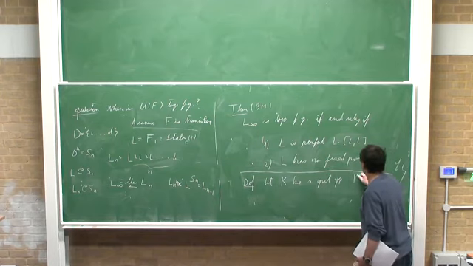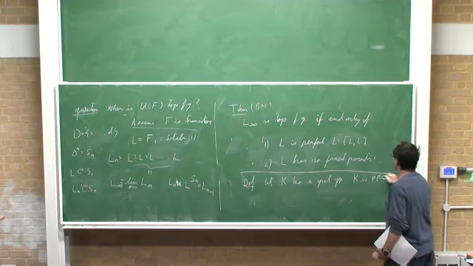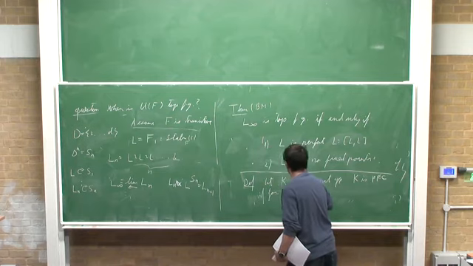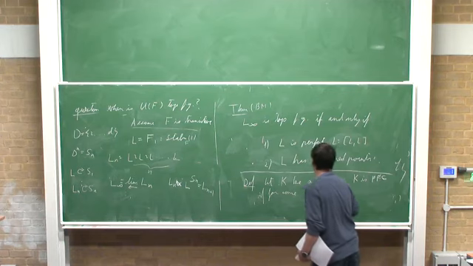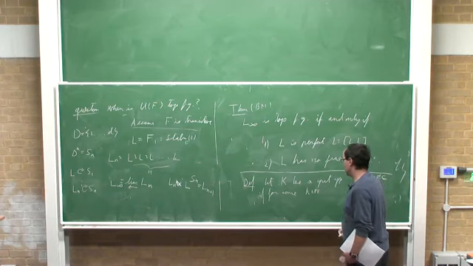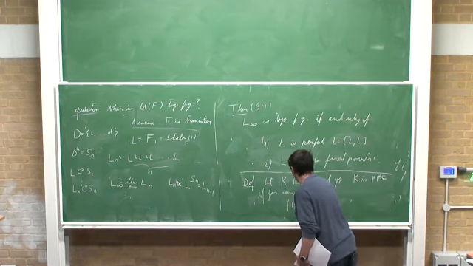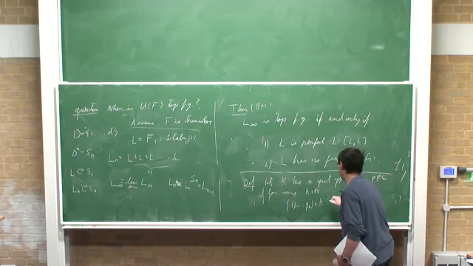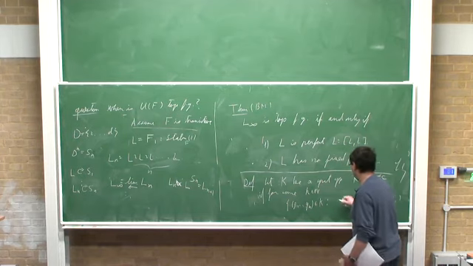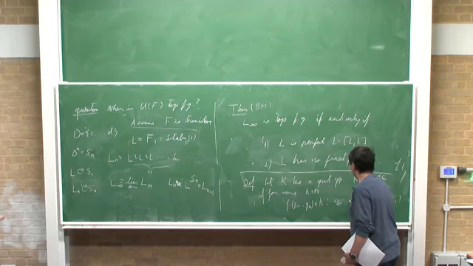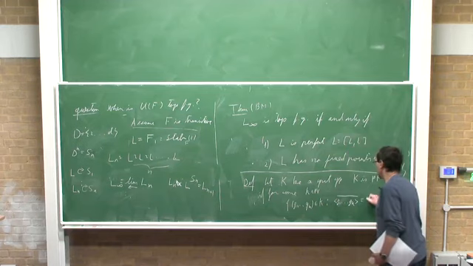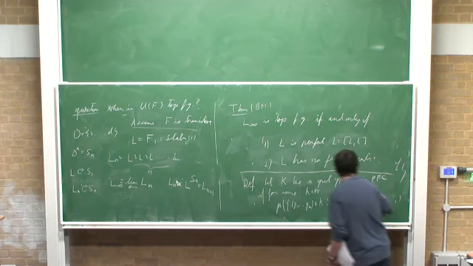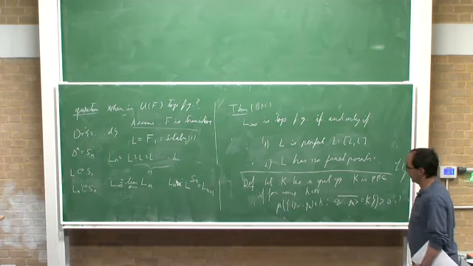K is positively finitely generated if for some integer k, the set of elements g1 up to gk in K^k, so that they generate a dense subgroup, has positive measure.